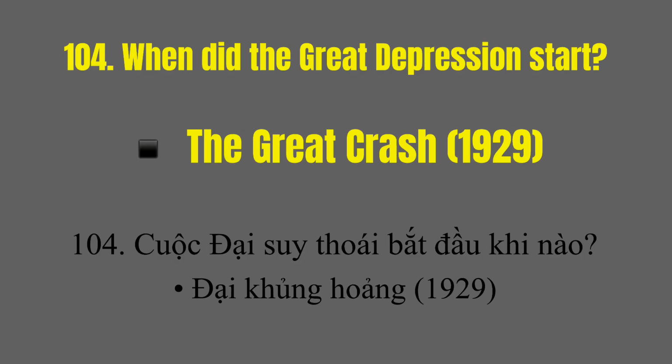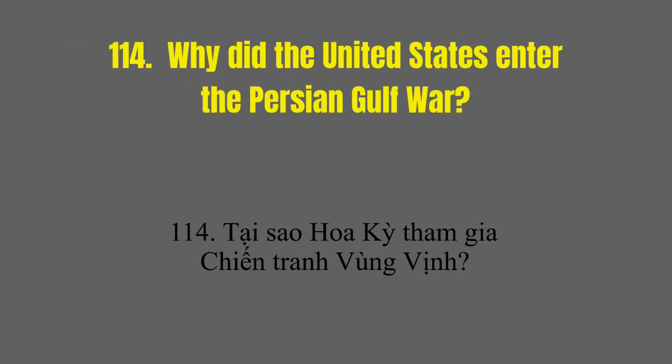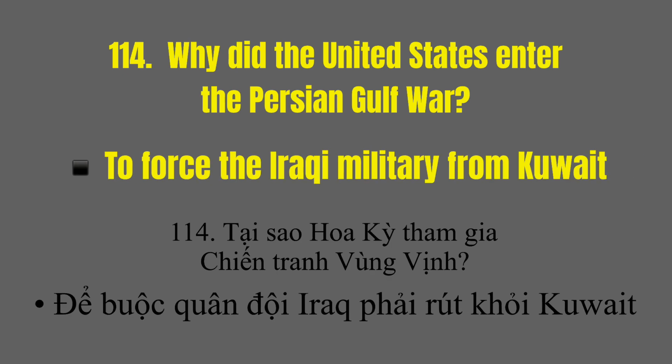The Great Crash, 1929. Why did the United States enter the Persian Gulf War? To force the Iraqi military from Kuwait.